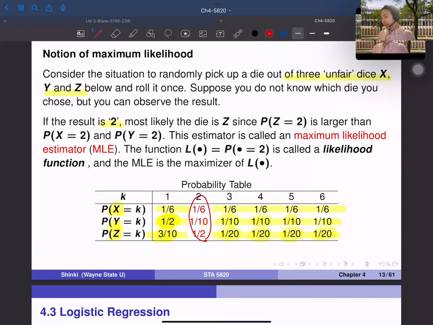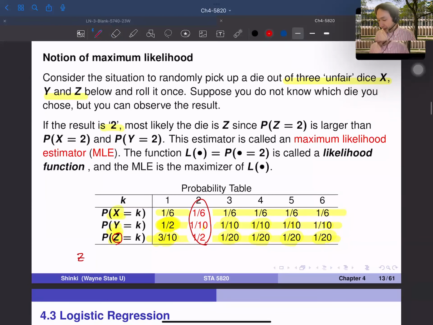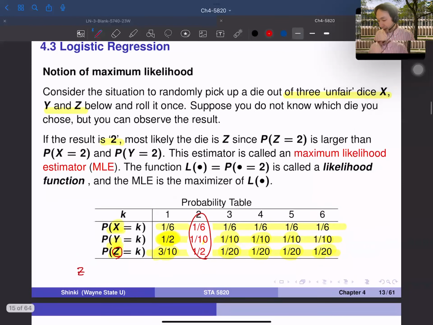That is often the principle for decision, right? So die Z is the most likely. So our estimate is Z. So that is the likelihood method, the maximum likelihood method or maximum likelihood estimator. So our estimate is Z.